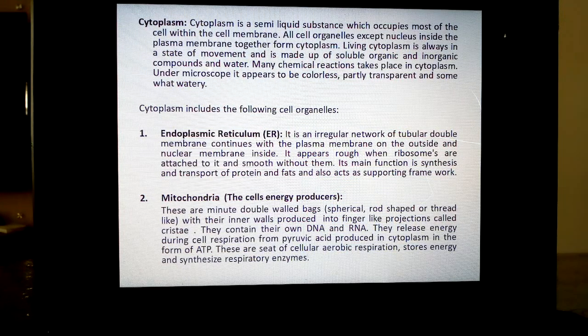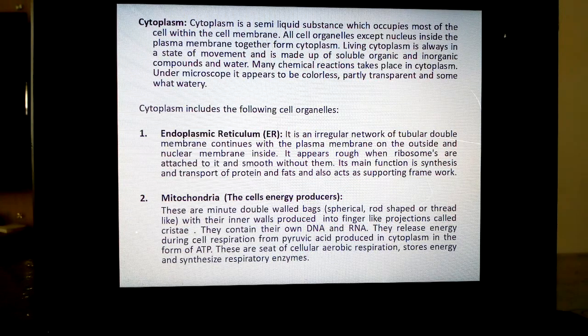Now coming to mitochondria. This is also an important organelle. The cells get energy through this mitochondria. So these are called energy producers and also powerhouses of the cell. Mitochondria is plural, mitochondrion singular. This is also a double-walled bag. What is meant by double-walled?